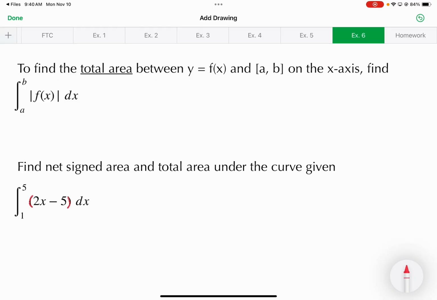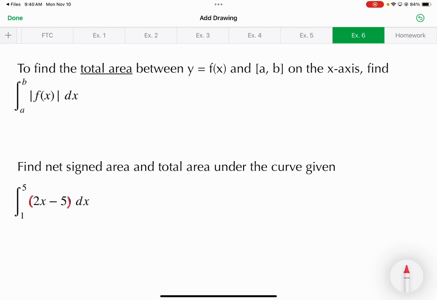Okay, we did net signed area, and that's what that value represented on the back page of your test. We talked about how you can have positive area and negative area, and when you're evaluating it, negative area just cancels out some of the positive, or your whole area could be negative in general.